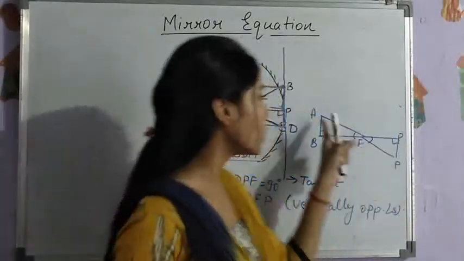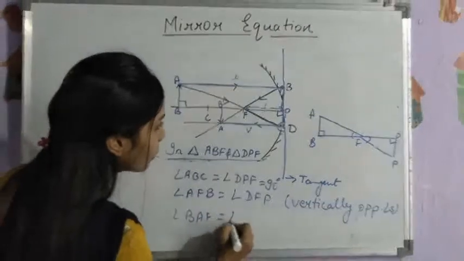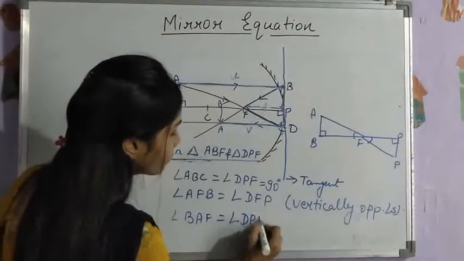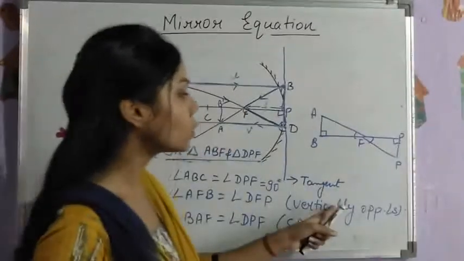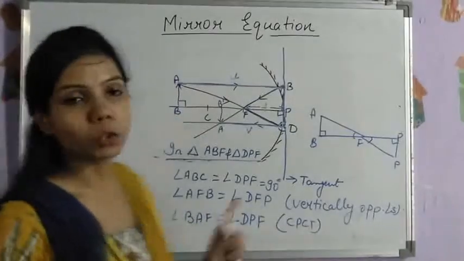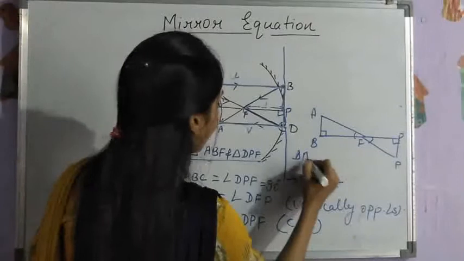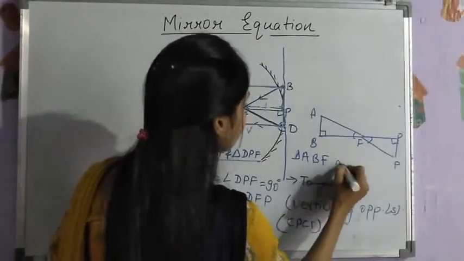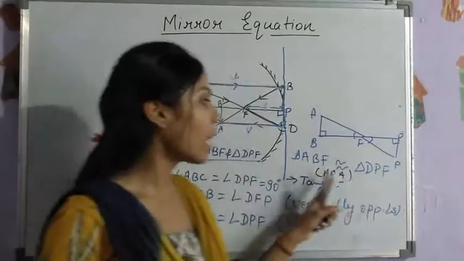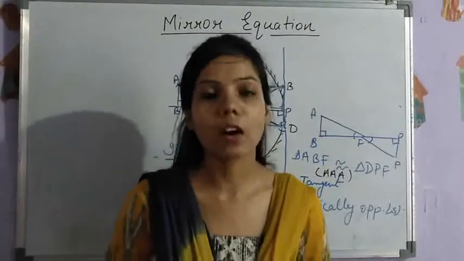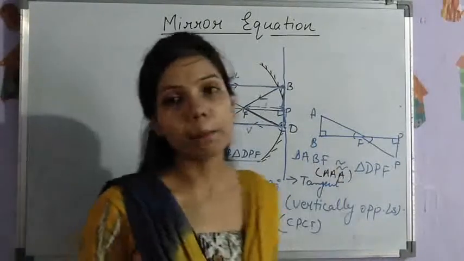So this angle BAF will be equal to angle DPF. Okay? So these two sets are equal, that is why this also has to be equal. And we will say that triangle ABF is similar to triangle DPF. We have used the AAA test of similarity in order to prove that triangle ABF is similar to triangle DPF.